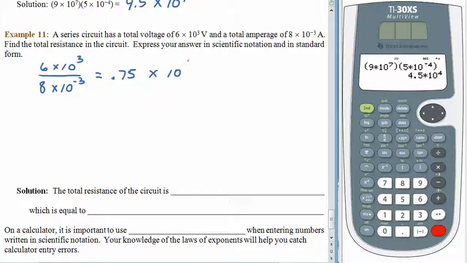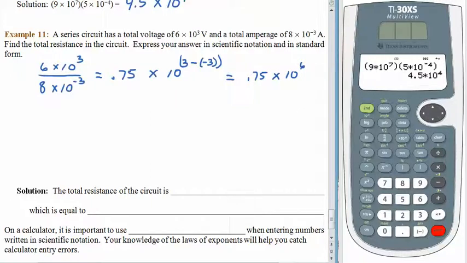Well, the numerator has a power of 3. Subtract the exponent from the denominator. So that means we're looking at 0.75 times 10 to the 6th power.